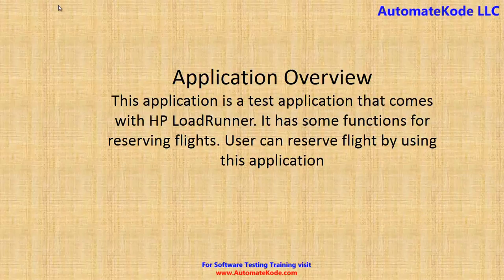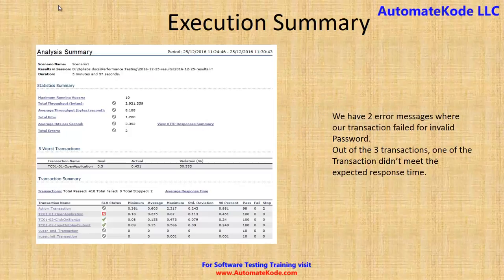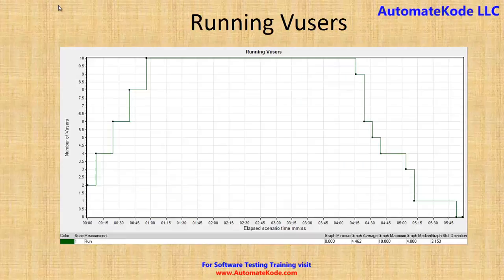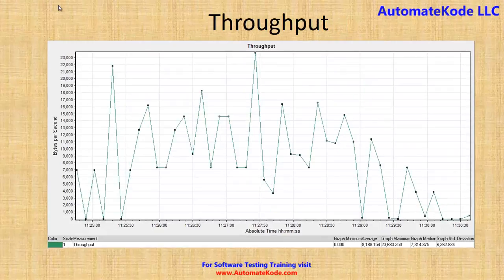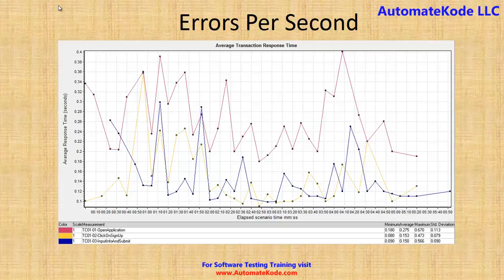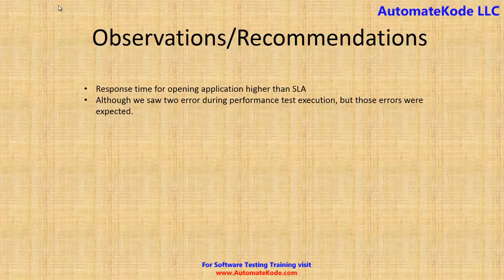First we give an application overview, what this application is about, and then we provide a performance overview: what we are going to do in this performance test, what the purpose of performance testing is. Then we do the execution summary, what we got in the execution summary, and then we put each of the graphs so that people can understand what we did in the test and how we did it. So hits per second, throughput, transaction response time, errors per second, transaction summary, and then our observation and recommendation.